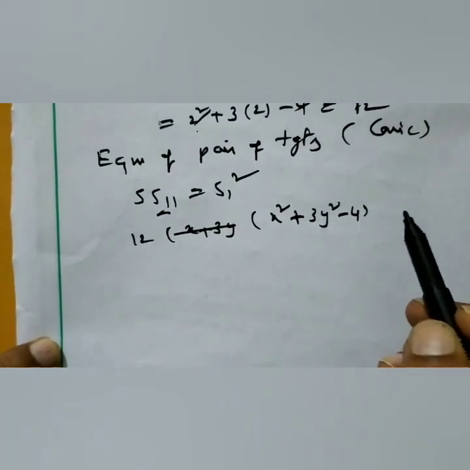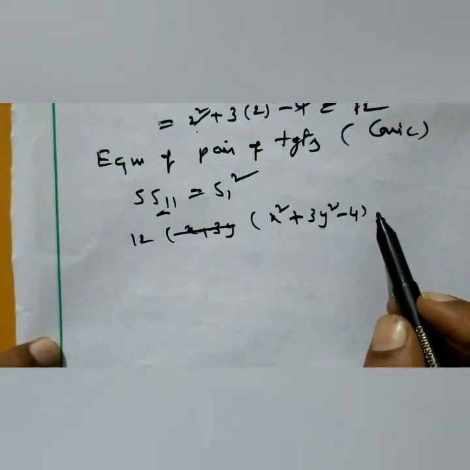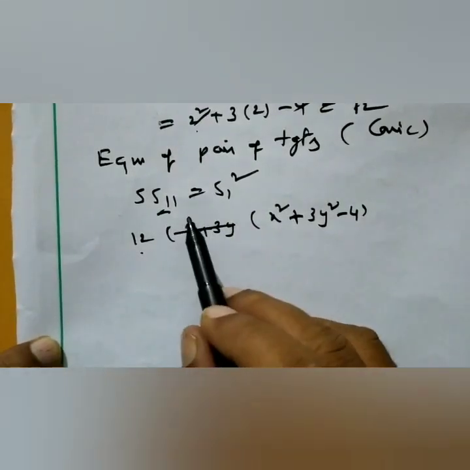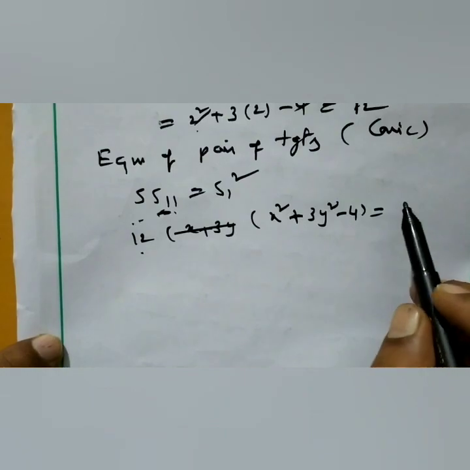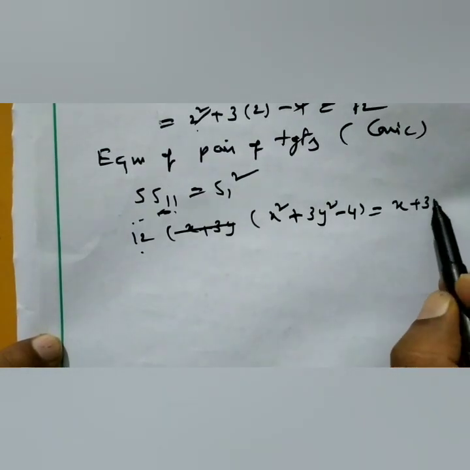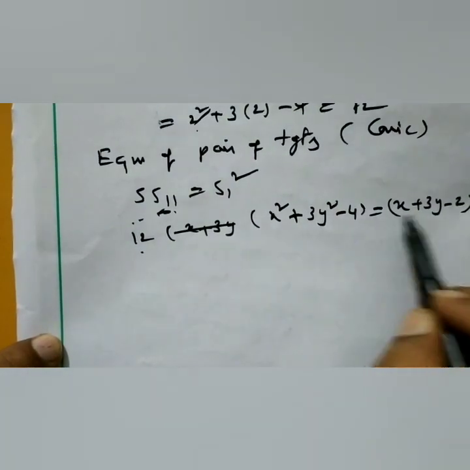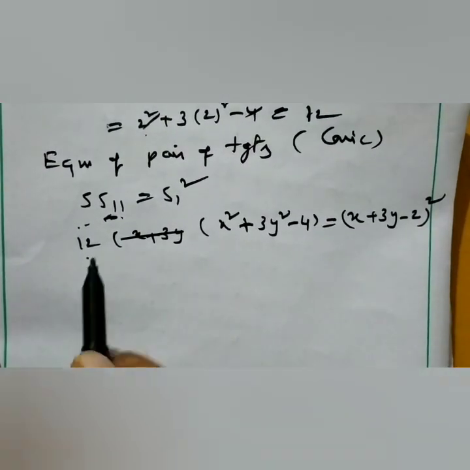So S11 into S is equal to S1 square, x plus 3y minus 2 whole square. This is the conic equation.